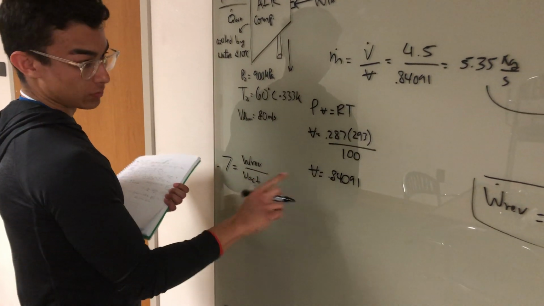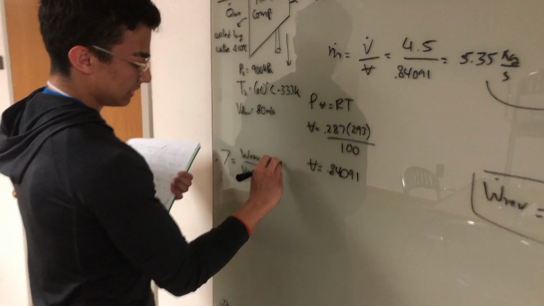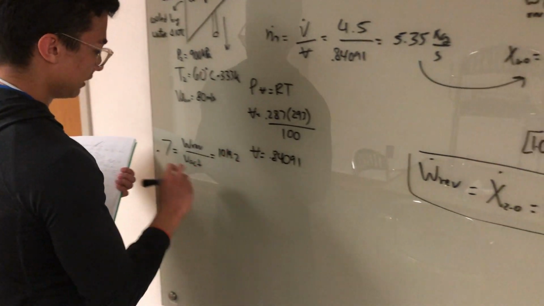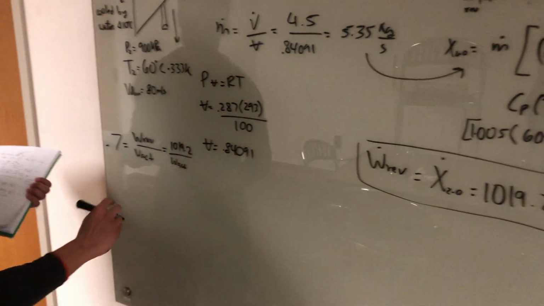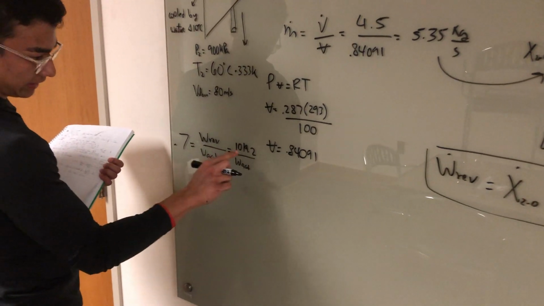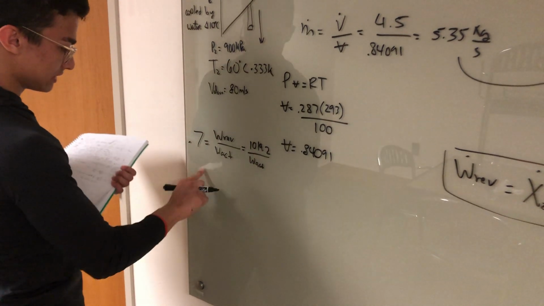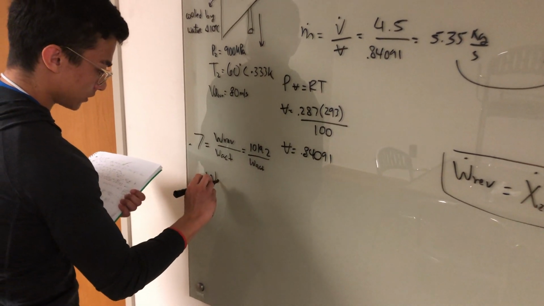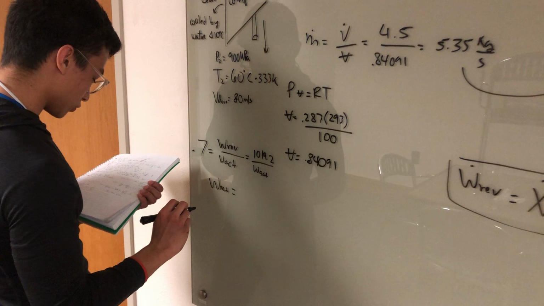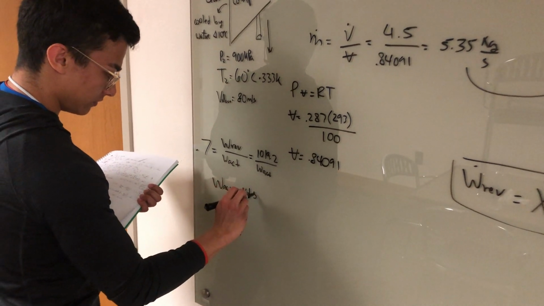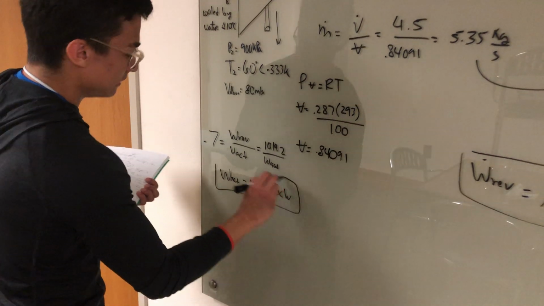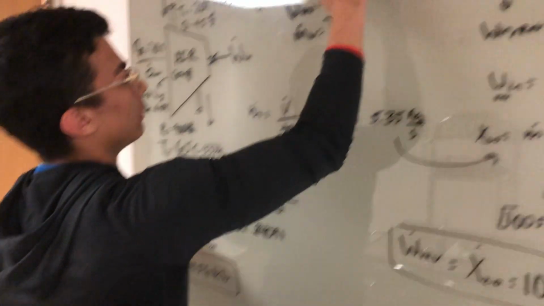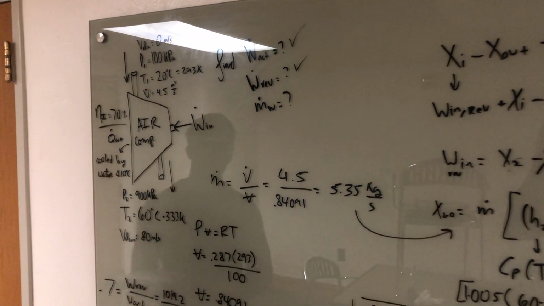So your work reversible we just found was 1019.2, and then we don't know the work actual, but this is just a simple one-variable equation. So divide your work reversible by 0.7, and the work actual is going to come out to 1456 kilowatts. Easy money. So now we took care of 2 out of the 3 questions.